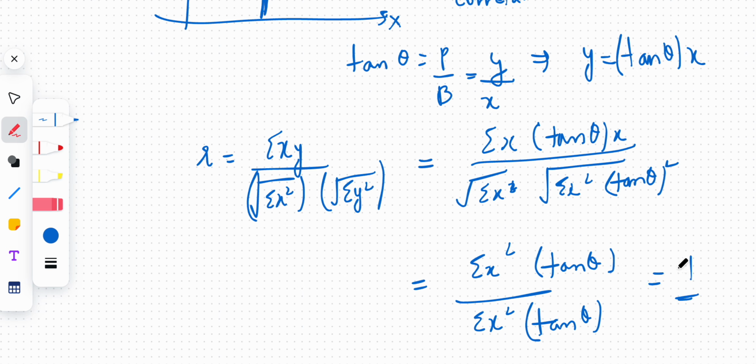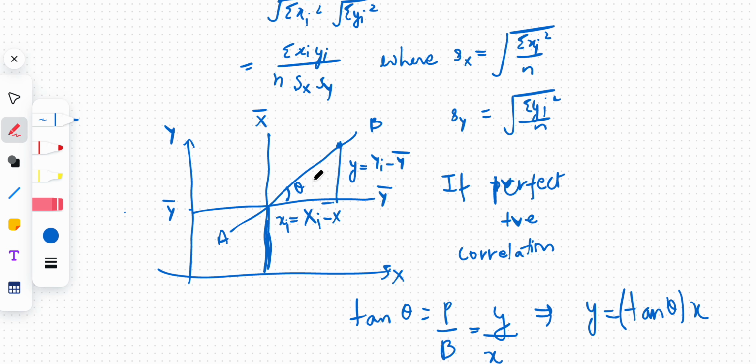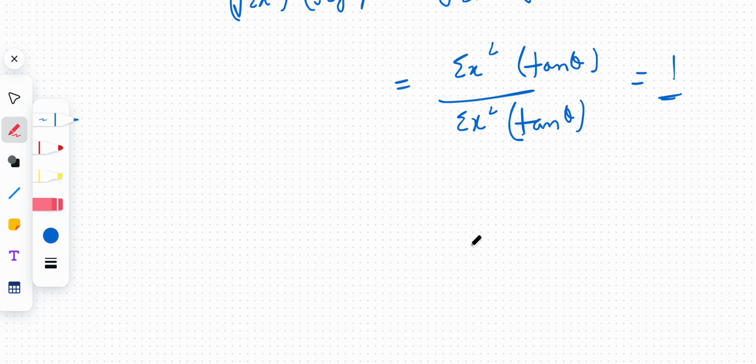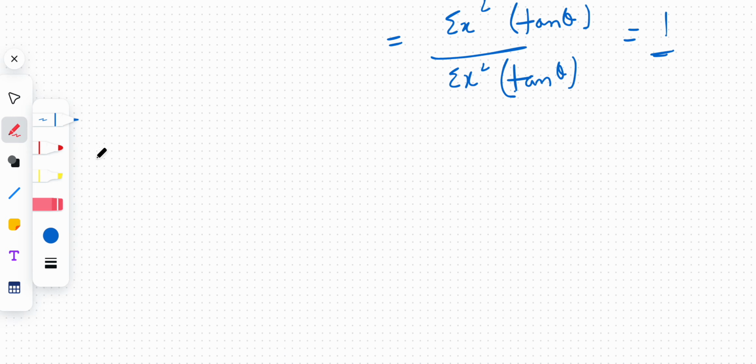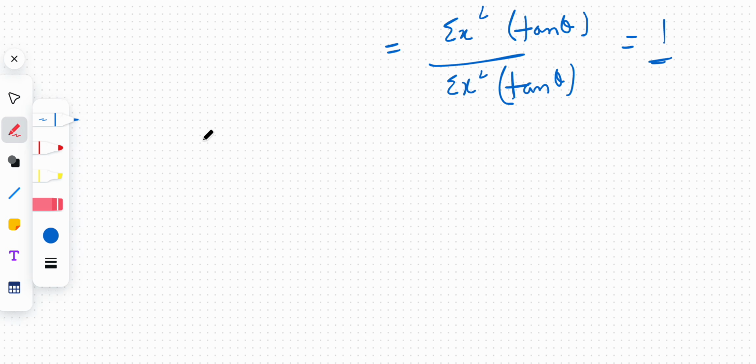So this is my correlation coefficient. Basically, if this is positive, I can assume that this theta will result in this.